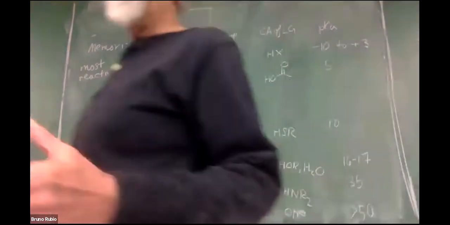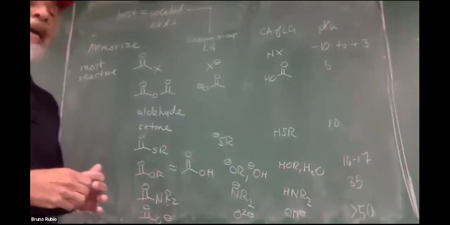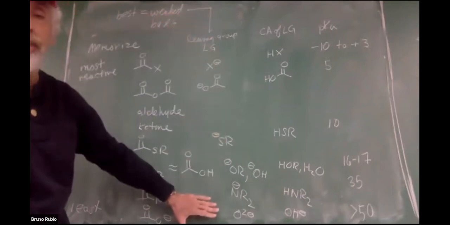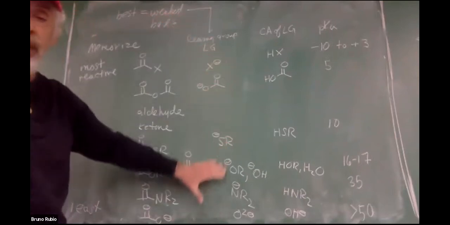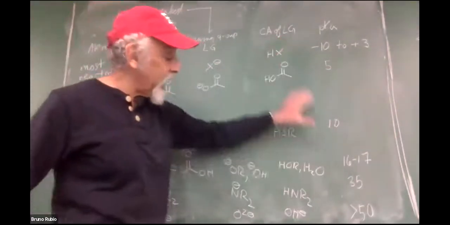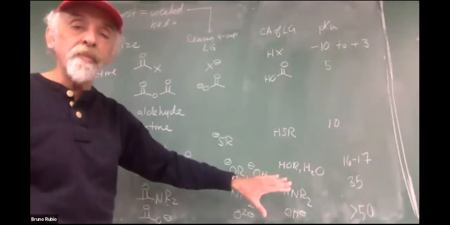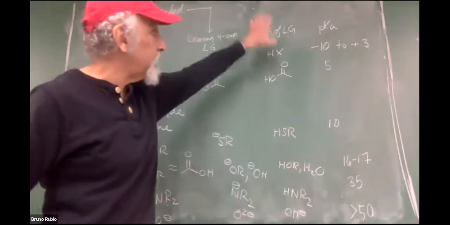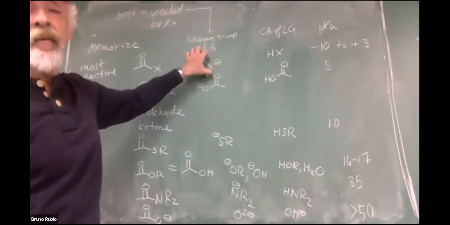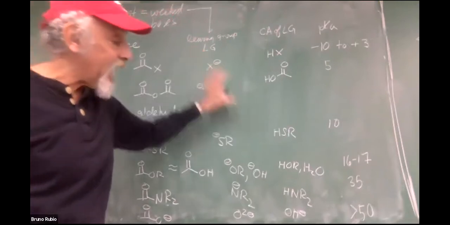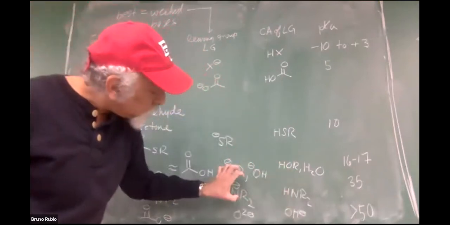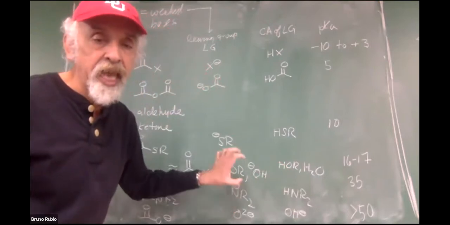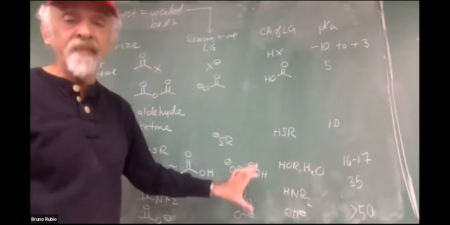So this trend is very nice, and it explains why this acyl derivative is more reactive than this other one, because the best leaving groups are the weakest bases, and they correlate very well to the pKa's of the conjugate acids. Always remembering that a strong acid has a weak conjugate base. A weak acid has a strong conjugate base, and strong bases are terrible leaving groups.